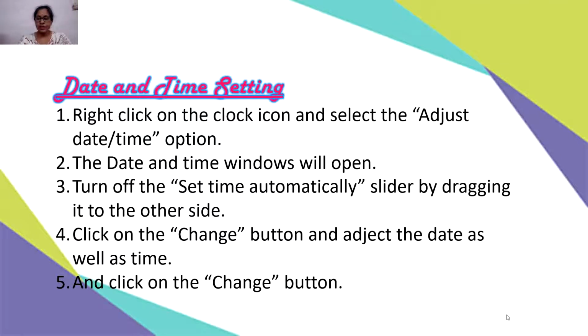Here the date and time of my system is correct, so I am not changing it, but by following the steps you can easily set the wrong date and time to the current one. Copy in your notebook.